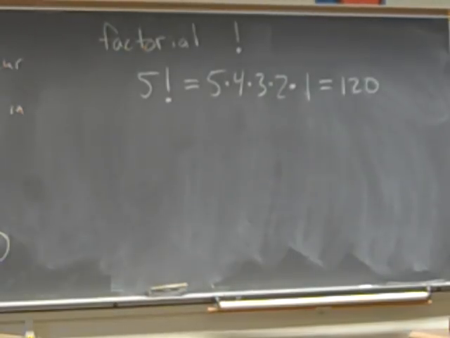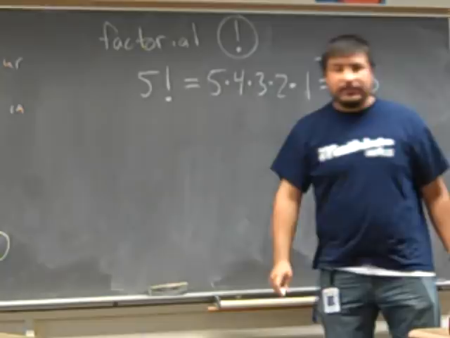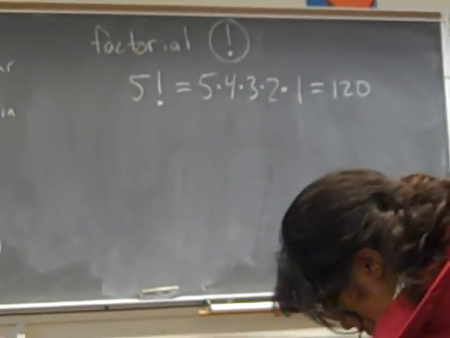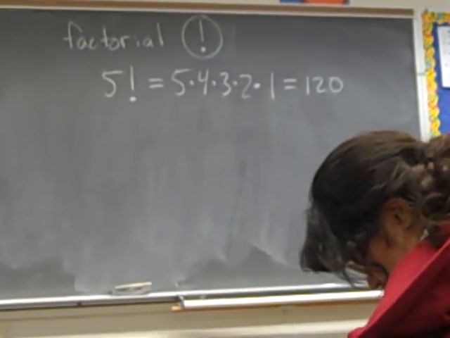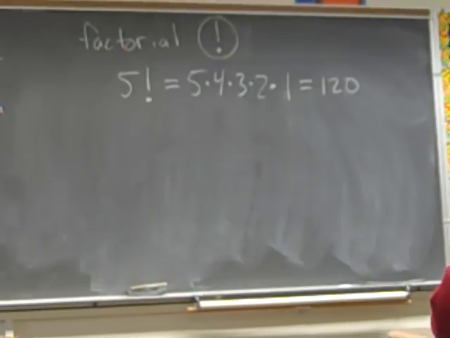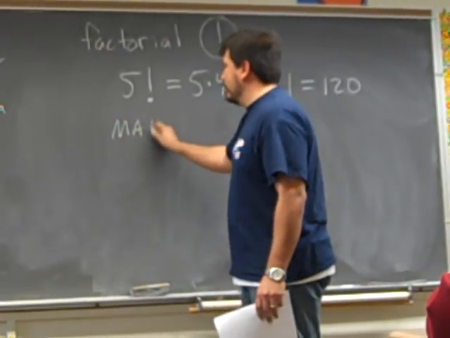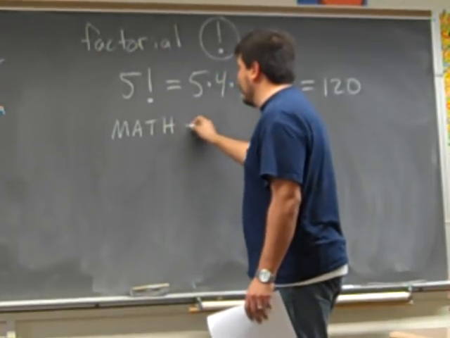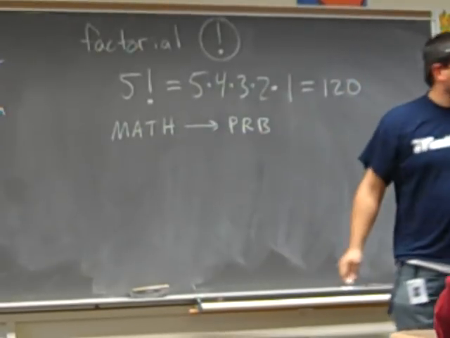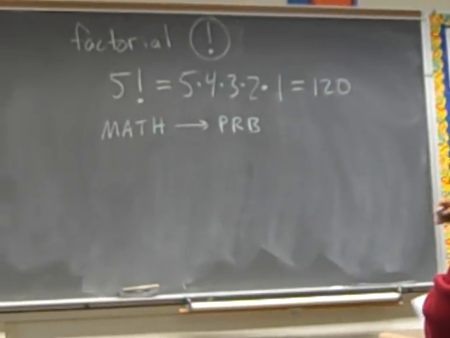Okay? If you have your calculators, I will show you where this button is, so take them out. Because a lot of times you don't actually want to compute by hand if the calculator will do it for you. Okay? So for those of you that have your calculators, if you press the math button and then go over to PRB, I think it's the fourth option.